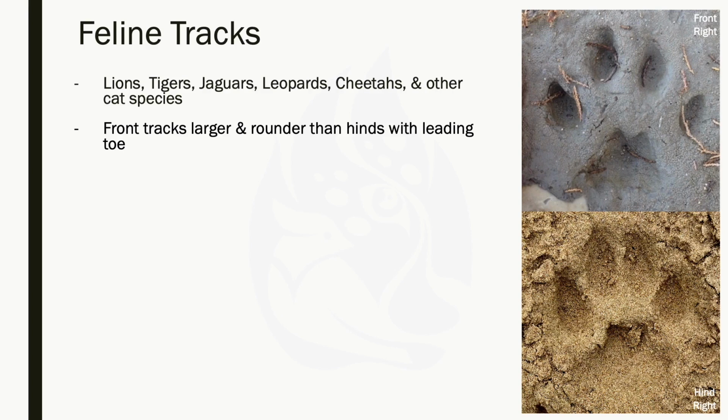And you'll see on the front foot, which is the top photo here, this is a front right track and a right hind below it, you'll see that we have a leading toe in that front track, okay? And that's very typical with feline tracks on the front foot. You'll have one toe on the inside of the animal, so again, that's a right foot, that sticks above the other toes.